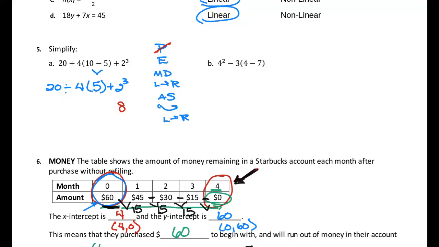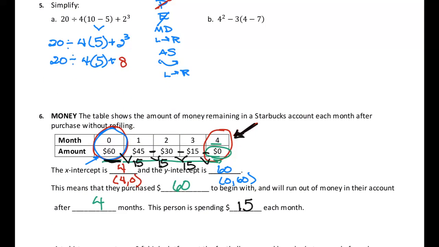Okay, make sure you check that on your calculator. So I would recommend a calculator. Multiplication, division from left to right. What's going to be next? Division, yes. 20 divided by 4, left to right, is 5. 5 times 5 plus 8.